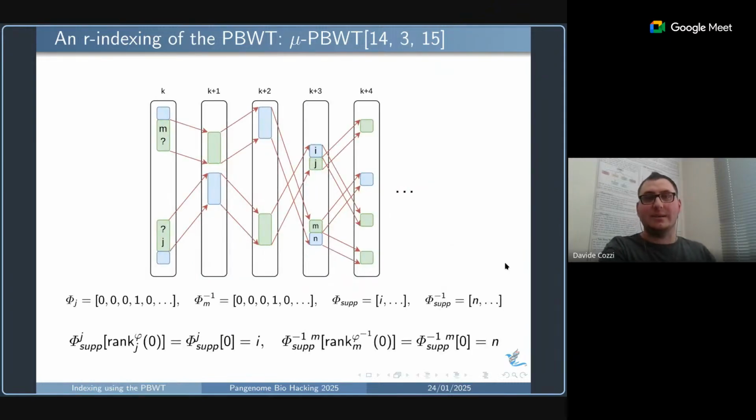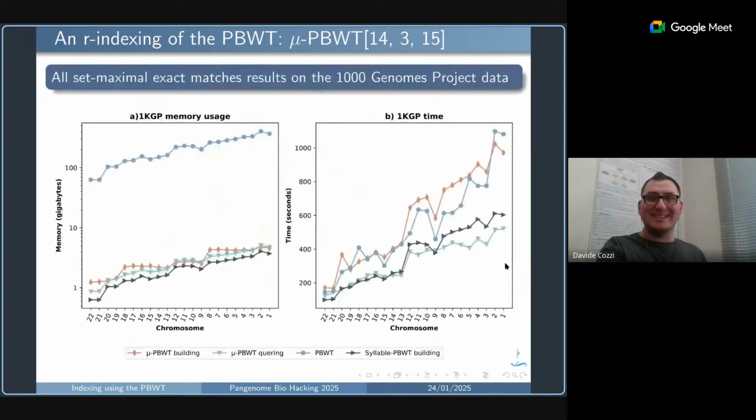I will skip this example because it's really too hard to describe. But let's just see the results. These blue dots represent the PWT developed by Durbin. And as you can see, for chromosome 1 of the 1000 Genomes Project data, but also chromosome 2 that is bigger, we are talking about 400 gigabytes of RAM for performing the set maximal exact matches.